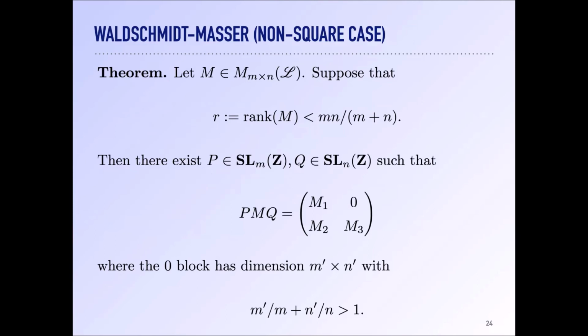Then again, you have a change of basis on the right and the left, a rational change of basis, such that you get this big block of zeros. And maybe it's even slightly more elegant to write this condition as: the proportion of the rows plus the proportion of the columns is greater than 1. It's larger than 1. Okay.